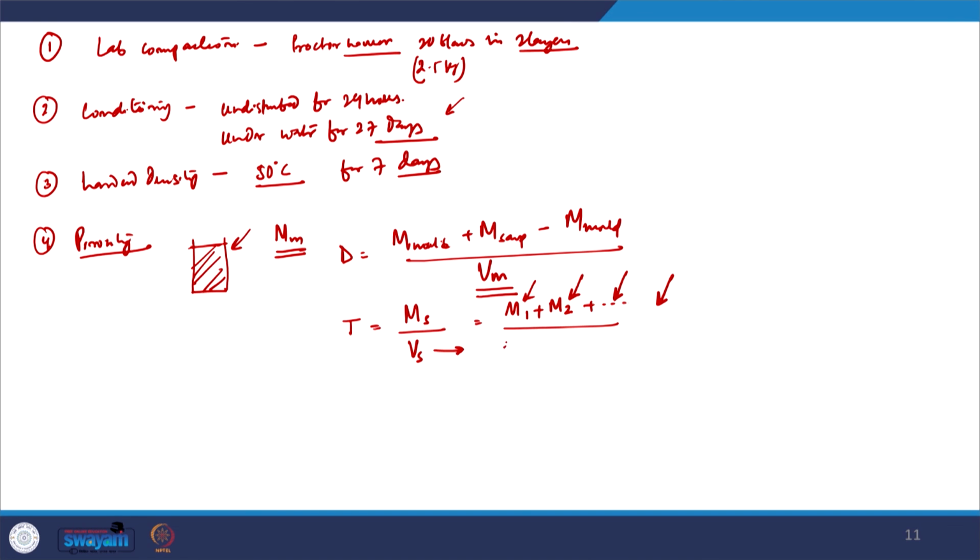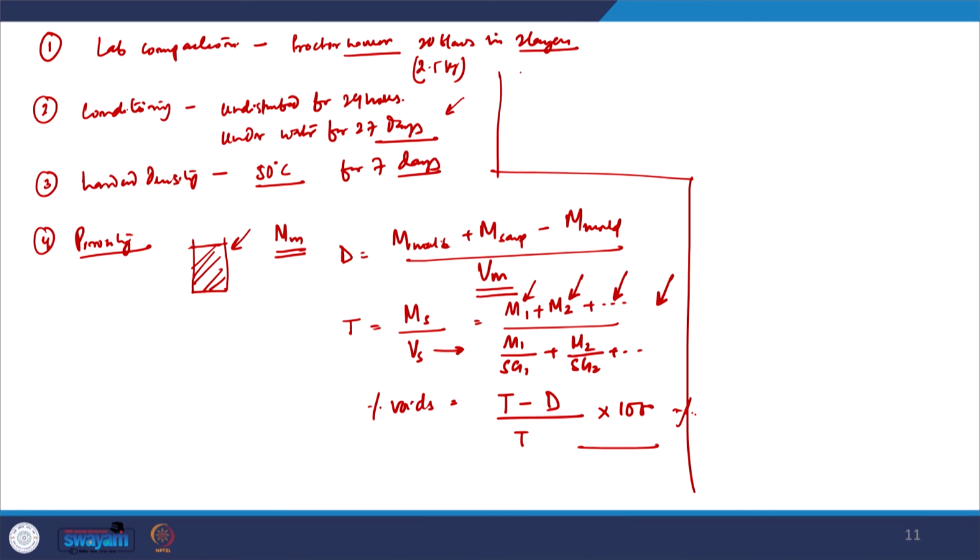So, this will be equal to mass by Sg1, mass by Sg2 plus and so on, depending on the number of ingredients involved. Then percent voids can be calculated as the theoretical density minus the compacted density divided by the theoretical density into 100, in percentage. So, this is again one important calculation to be done.